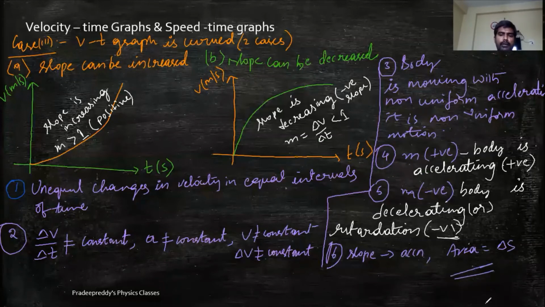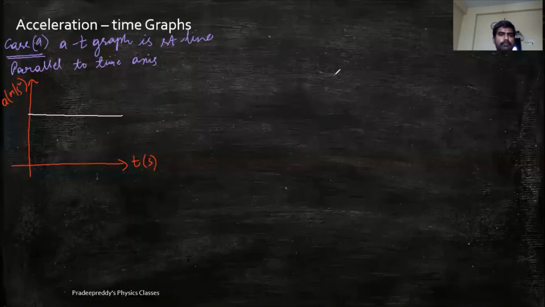But here slope is not constant. Slope can be either positive or negative. If it is positive, body is accelerating. If slope is negative, body is decelerating. Velocity decreases with respect to time. That is the information you are getting from this particular case 3 of VT graph.